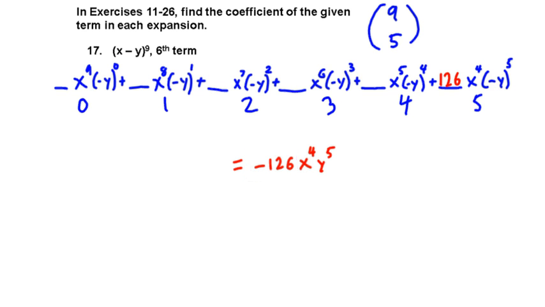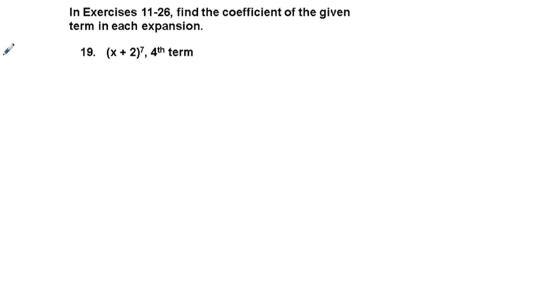Okay, next, on problem 19, we have the quantity x plus 2 to the 7th power, looking for the fourth term. I think I'm going to go from the left on this one.